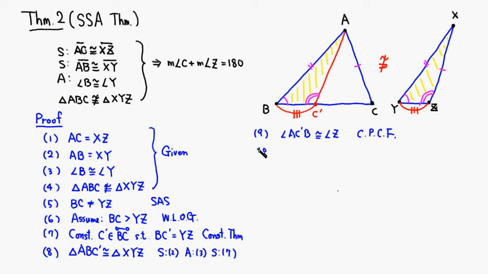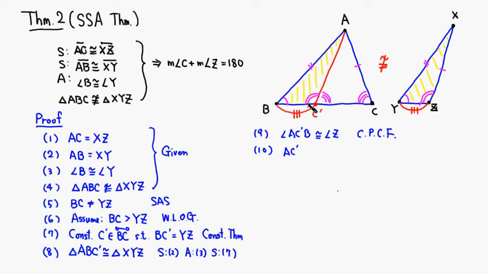And then we also have these. This angle is going to be congruent to that angle because, well, actually, we have to establish that first. We have to show that AC prime corresponds to XZ.